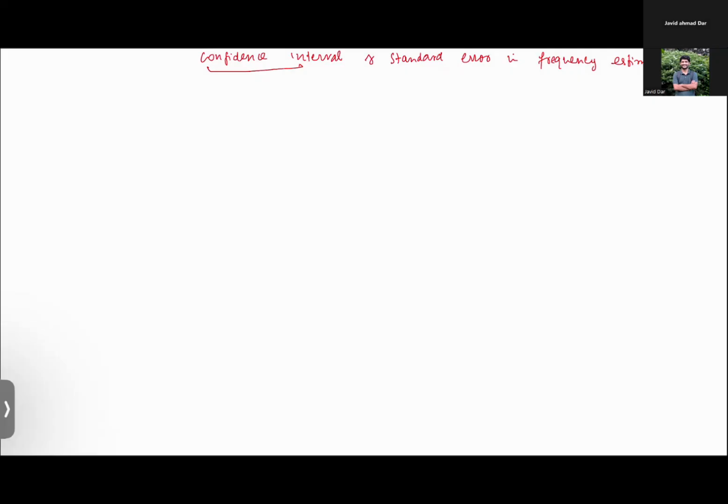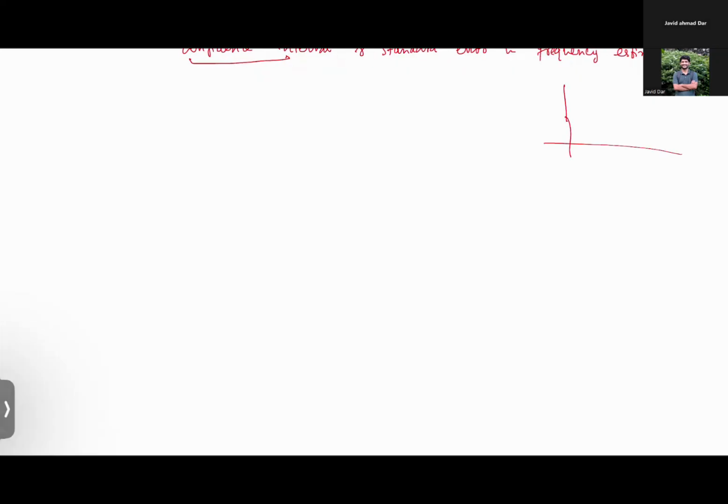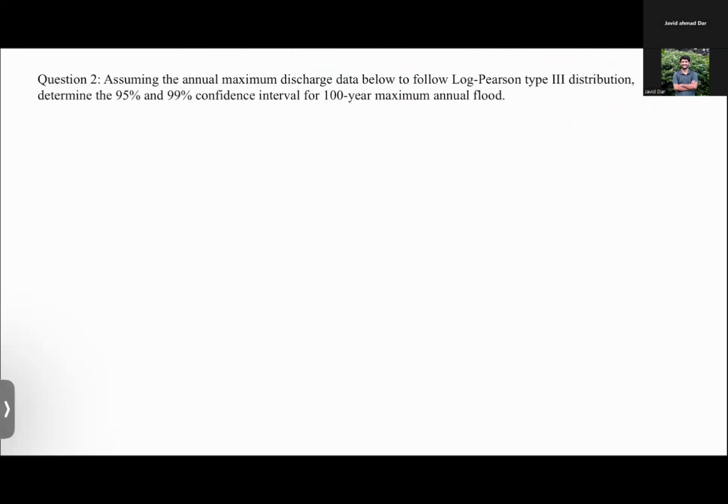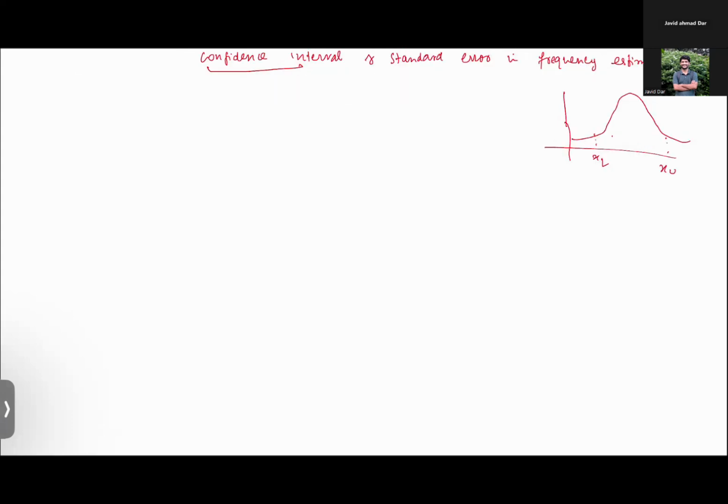So let's say you have your probability distribution, and let's say this is your lower limit and this is your upper limit. So xt belongs in this area, so it can lie between xl and xu. This area I can represent by alpha, this by alpha, and this by beta.